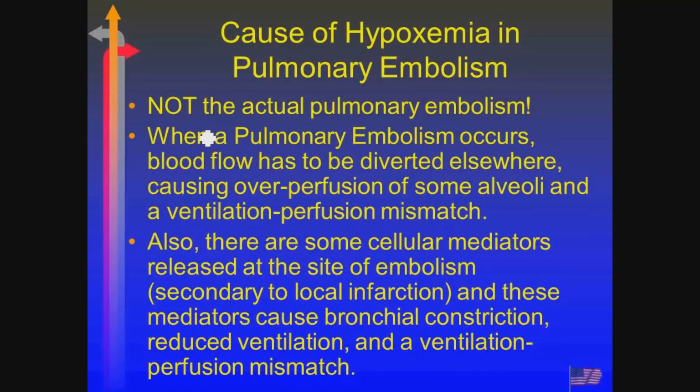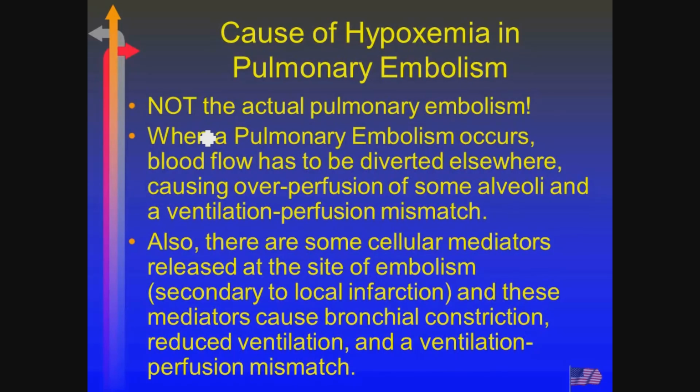But in that case, you're going to have perfusion exceeding ventilation, which we call a shunt-like effect, which is going to drop your PaO2. At the same time, when that embolus forms, the localized tissues release all kinds of chemical mediators to fight the inflammatory process going on.